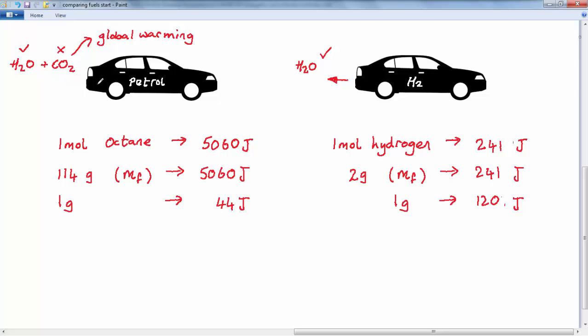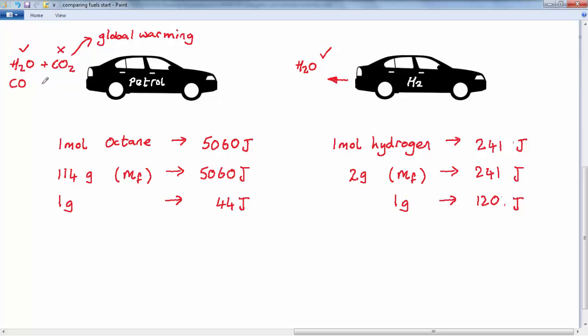So it has things called catalytic converters, which help to deal with the problem with the incomplete combustion of the fuel in the engine.